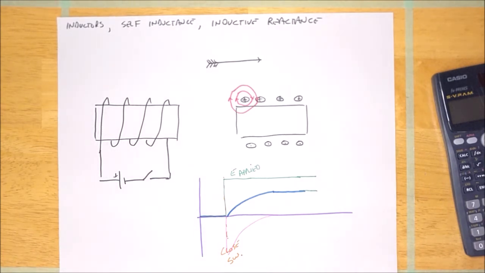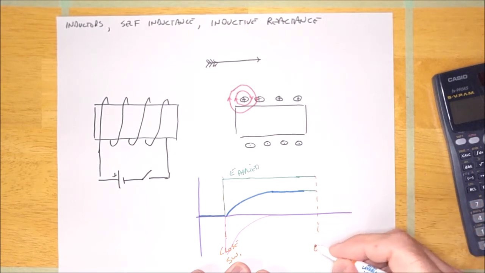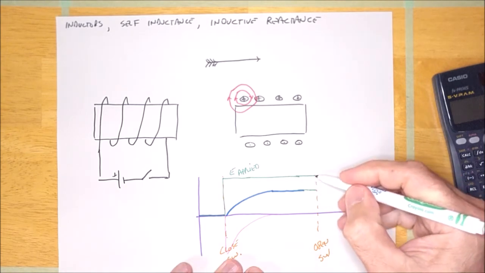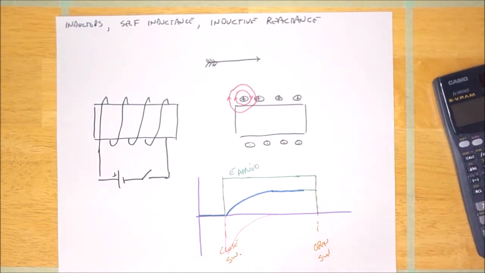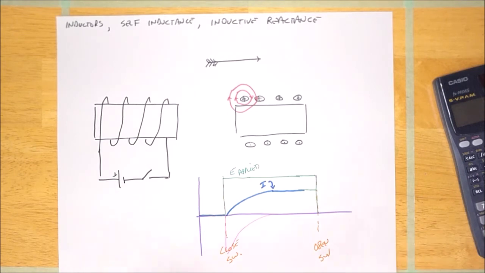Now, right here, guys, I'm going to open that switch, okay? And if I open that switch, well, the applied voltage is going to drop right to zero. And by the way, guys, this blue line here is going to be the current. All right, guys?